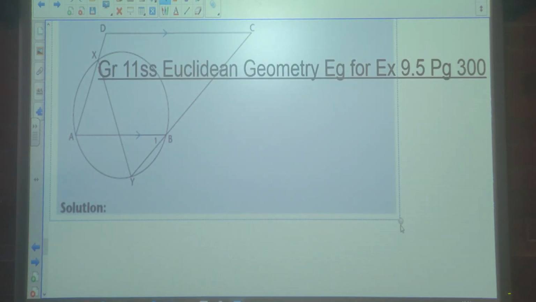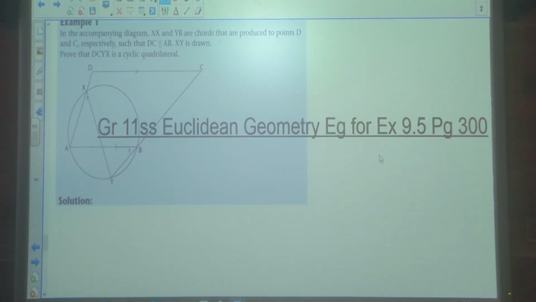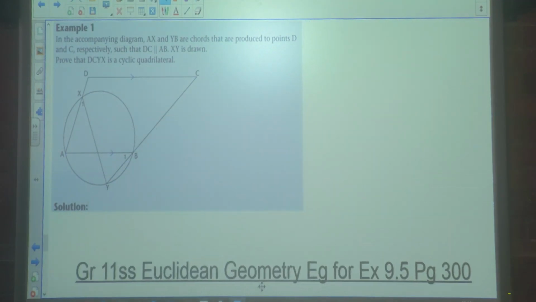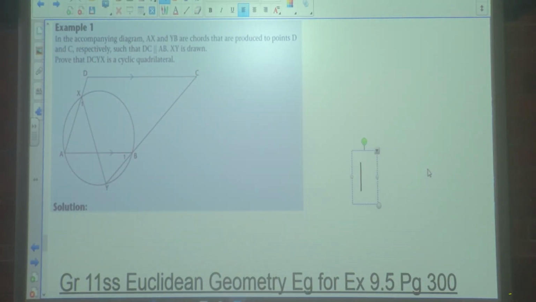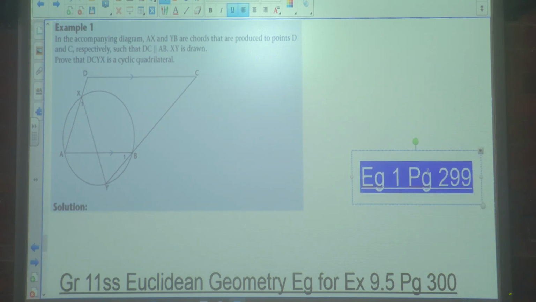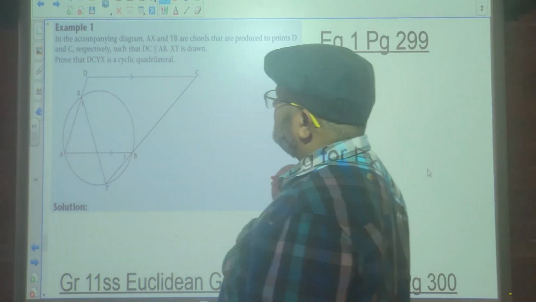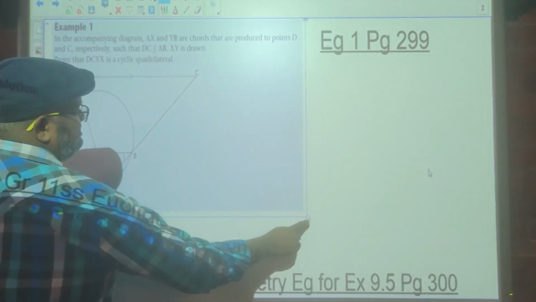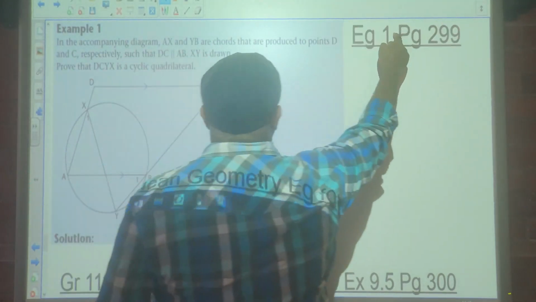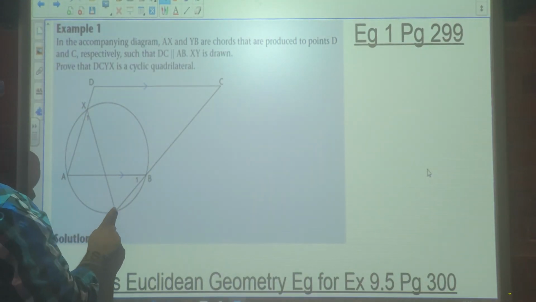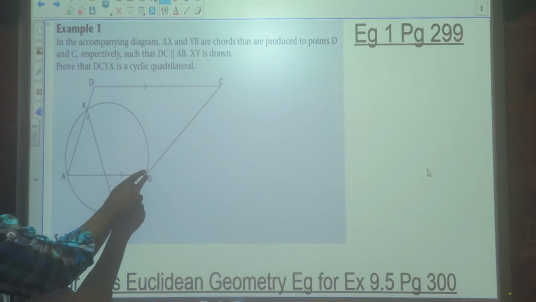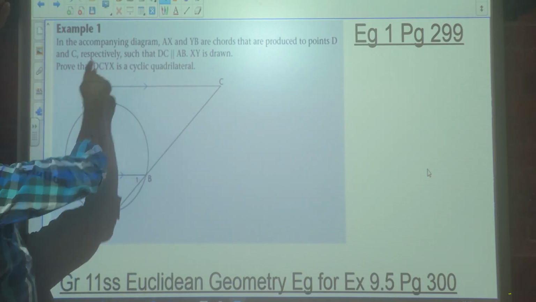Later on. Okay? So now we're looking at the example 1, which is on page 299. So here we are told that in the accompanying diagram, so the diagram alongside, AX and YB are chords that are produced to D and E respectively.